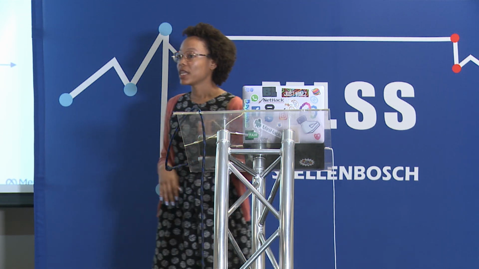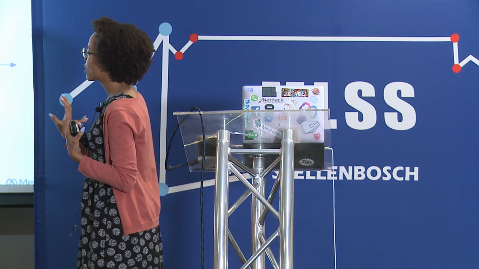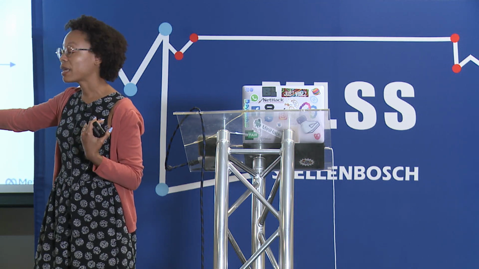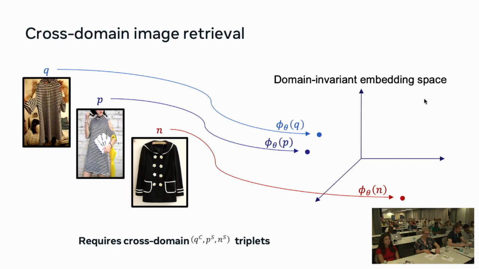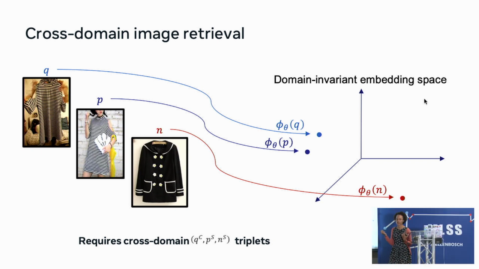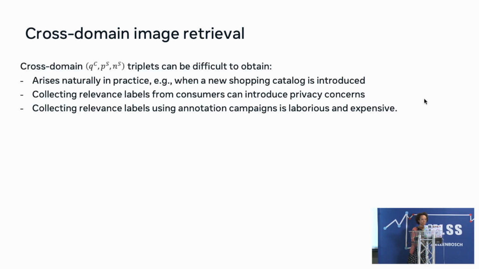To do that, we need to collect these triplets and then throw them into some kind of loss function that's going to allow us to update the model, okay? The challenge is that these cross-domain triplets are not going to be easy to obtain, right? Because of some of the reasons I mentioned before.